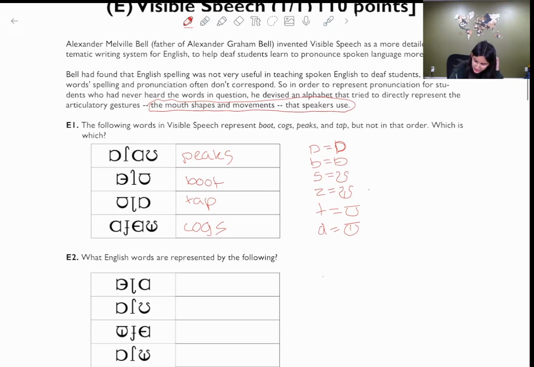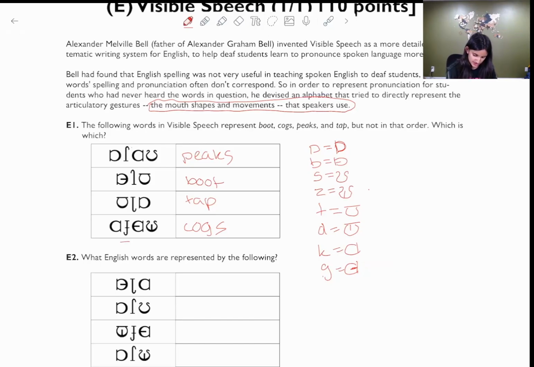We have G and we have K. So K equals this, and we have G, G equals this. So we notice that the voiced part of the pair always has this little line in there.